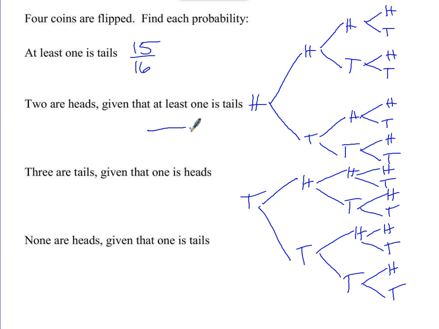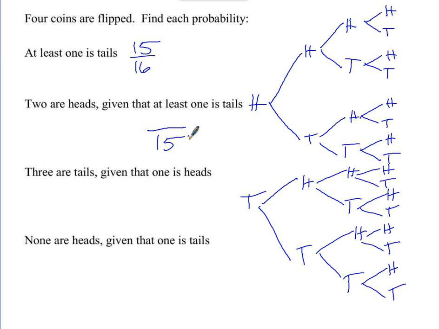Over 15. Why is this one over 15? I'm given that at least one of them came up tails, which excludes the tree branch that has all heads on it, which means I've eliminated one outcome out of the 16, which leaves me with 15 possible ways for me to flip those four coins.